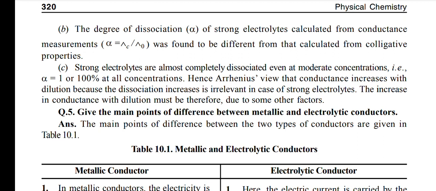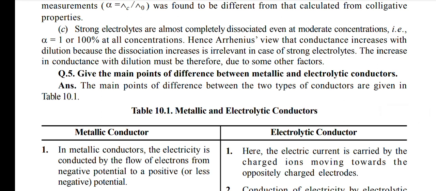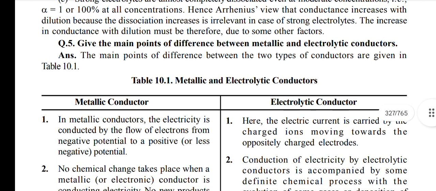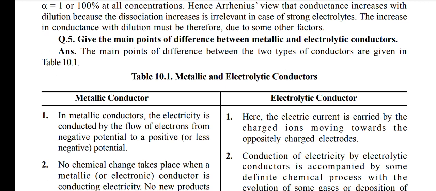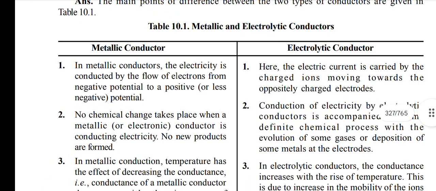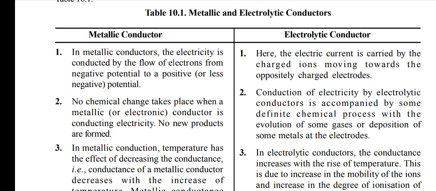Give some points of difference between metallic and electrolytic conductors. The main points of difference between the two types of conductors are given below. Metallic conductor: the electricity is conducted by the flow of electrons from negative potential to a positive or less negative potential.